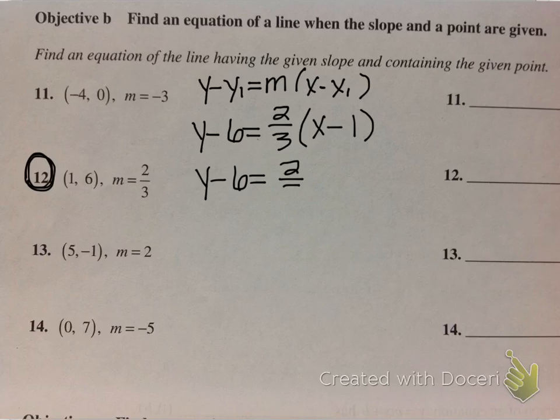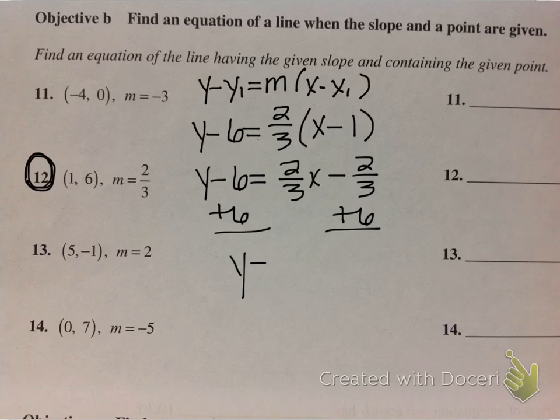So 2/3 times x is 2/3 x, and 2/3 times 1 is 2/3. And then I would add 6 to both sides to get y by itself, which is going to give me y equals 2/3 x, and then a negative 2/3 plus 6 is plus 16/3. Or it's going to be 5 1/3.